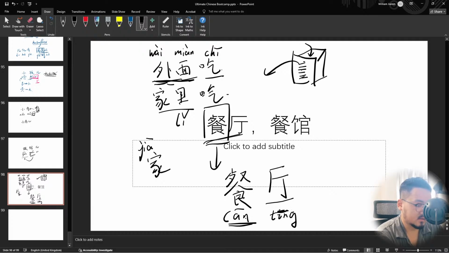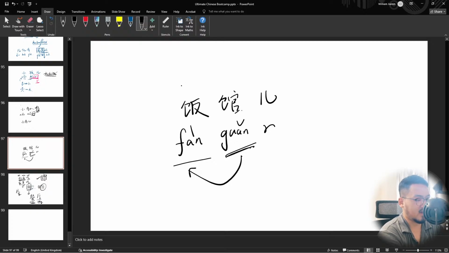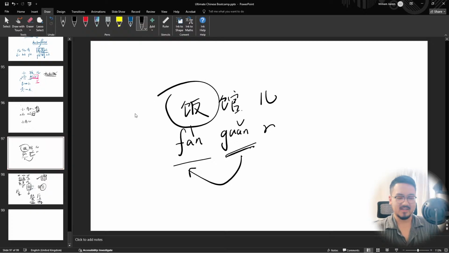So 餐厅 is an eating hall, a place where you eat. 餐馆 is like an eating building. 饭馆 is more about rice hall, rice building, but I think 餐馆 is more widely used. Okay, just expand your vocabulary.